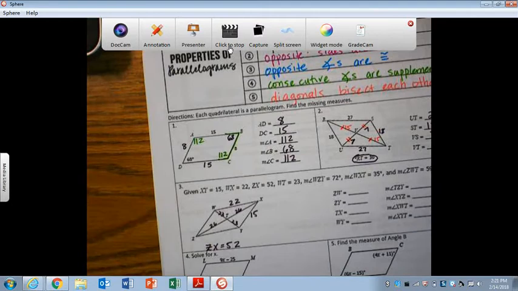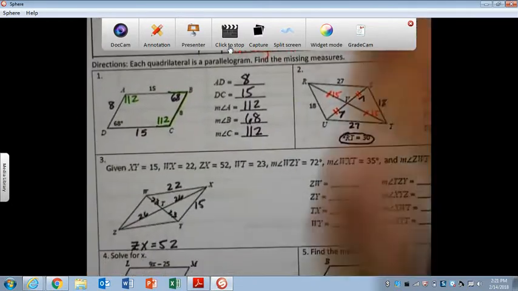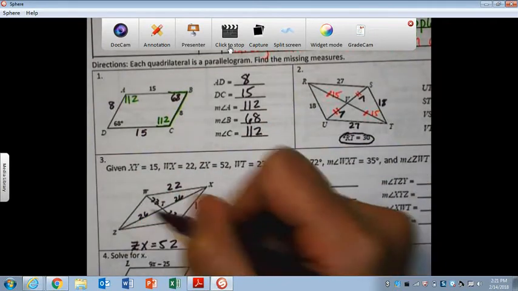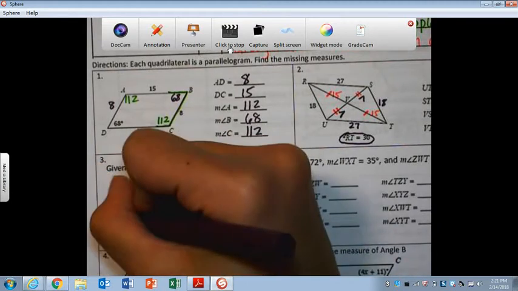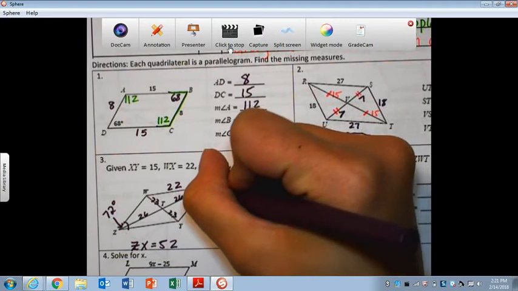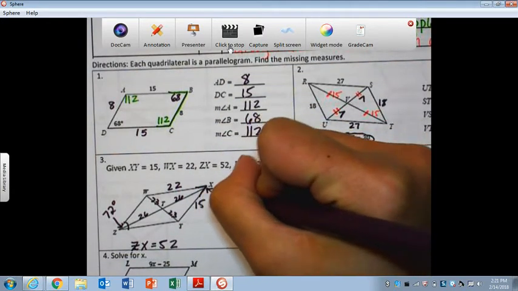WZY is 72, so W to ZY, that whole thing, right here I'm going to write 72 degrees, so I know this whole thing right here is also 72 degrees.